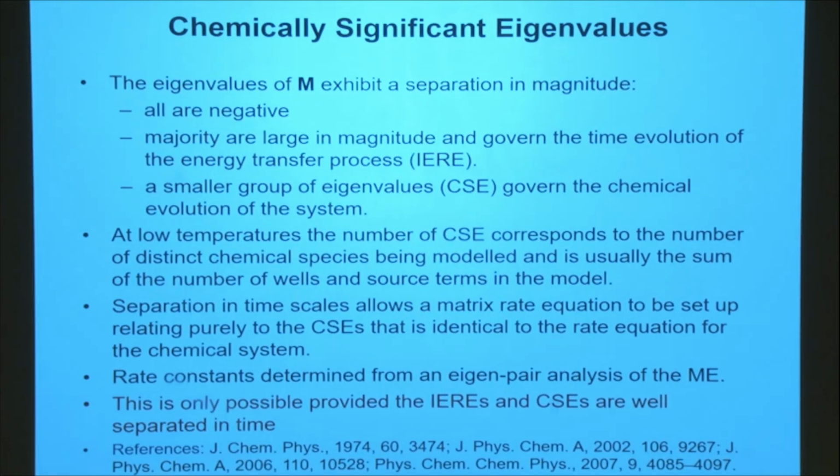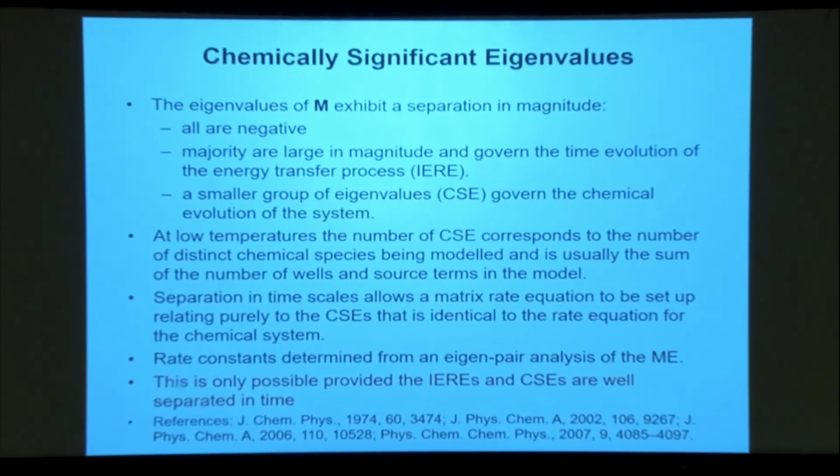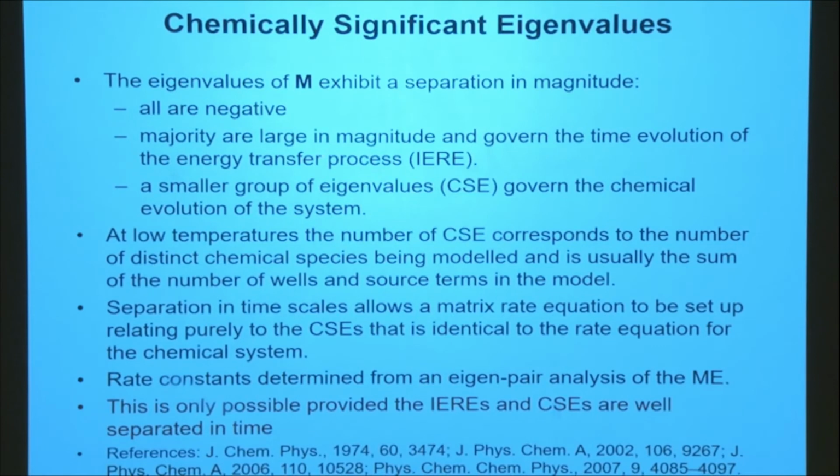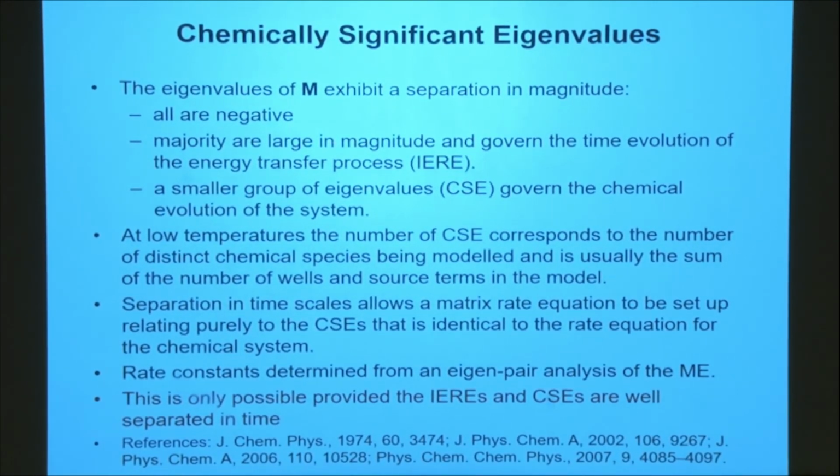So this issue about chemically significant eigenvalues: ideally, if our system is nicely behaved, then all of the eigenvalues of M will be negative, and we will see some kind of separation in the eigenvalue spectrum. So the majority are going to be large and negative, and these are governing the time evolution of the energy transfer processes.